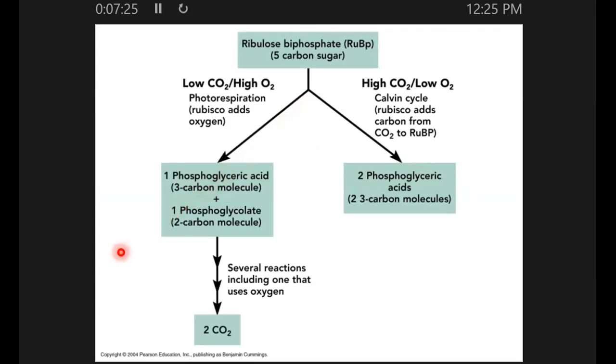Off to the left is what can happen if oxygen wins and comes into the active site of Rubisco. So this rendition where they show 3 arrows, that's a whole lot of stuff happening. It's a lot of extra effort by the plant to convert that phosphoglycolate into a molecule of PGA.